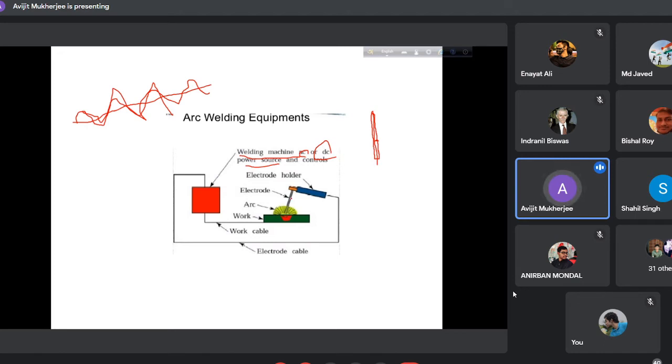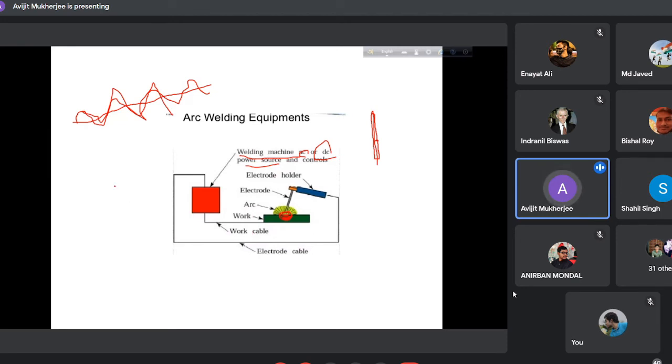The electrode material will also be melted and deposited over here. So after completion, one bead will be formed like this. This is all about it. So this is the arrangement.